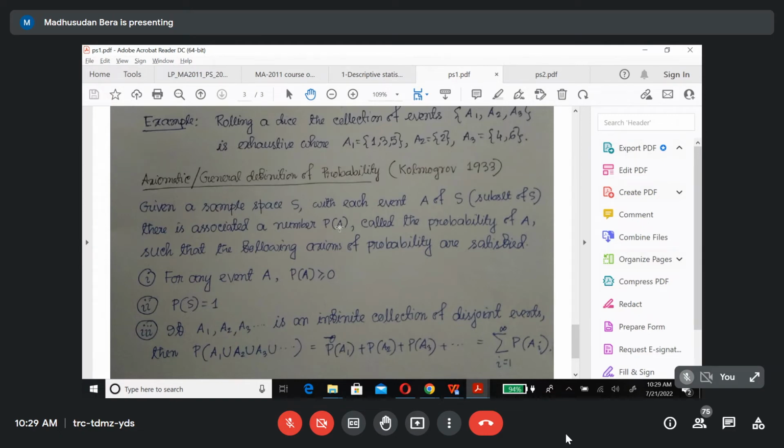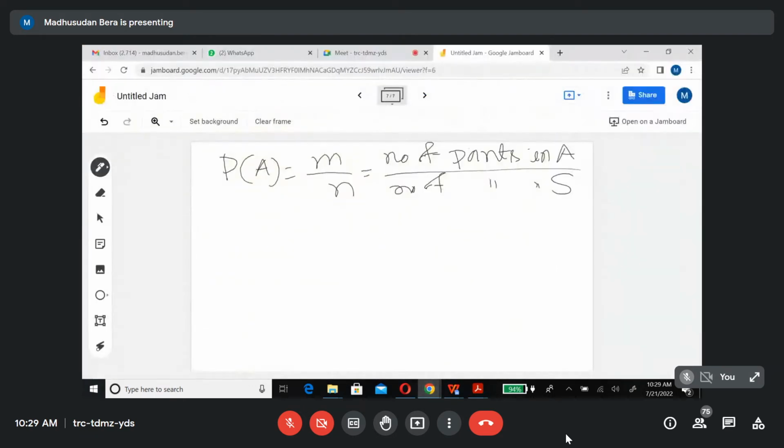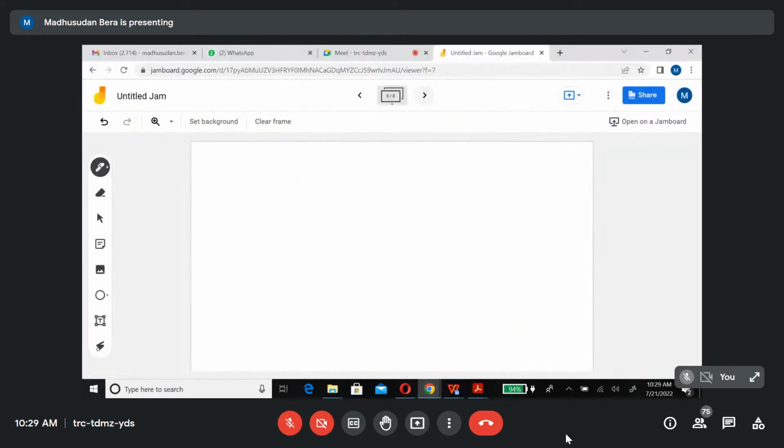What are the properties? For any event, P of A is greater than or equal to 0. And for the sample space, it is 1.